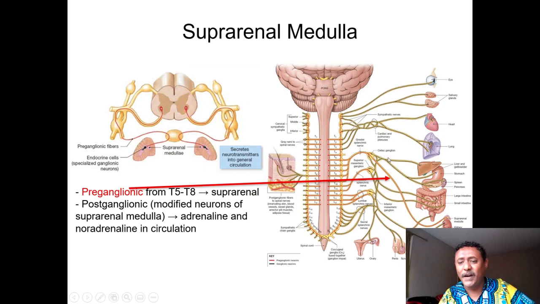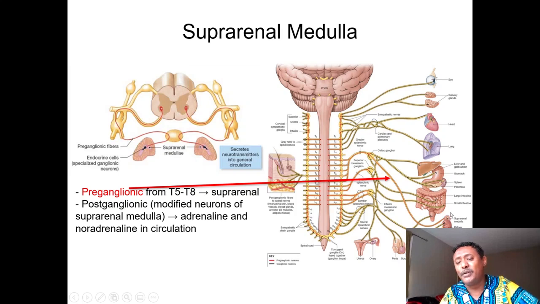And then the postganglionic fibers are going to the abdomen and pelvis, right? But there is one preganglionic fiber coming from this greater splanchnic nerve. It just bypasses the celiac ganglia. It passes without synapsing. It goes all the way as preganglionic, in red in this picture, to the suprarenal medulla.